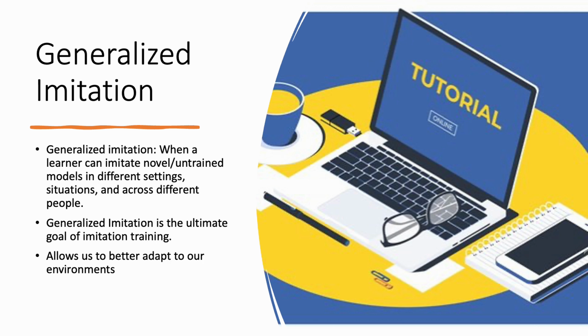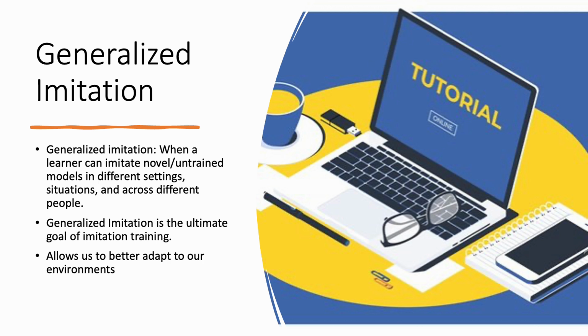You have to think about your own situations that you've been exposed to in your lives. When you go to a new job, a lot of new jobs will train you by simply having you observe someone else and do exactly what they do, okay? If you're able to do that, then you very likely have a generalized imitative repertoire.